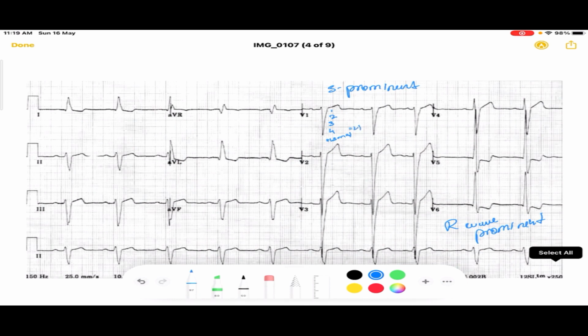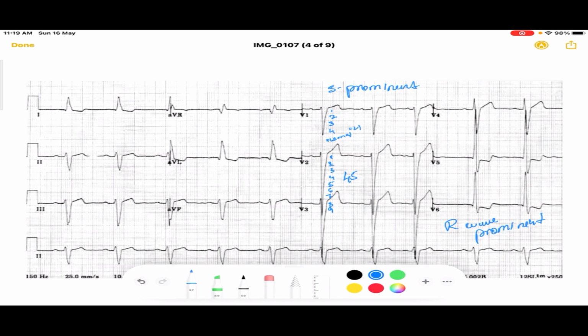Let's see V2. 1, 2, 3, 4, 5, 6, 7, 8, 9 big squares. So 9 into 5 is 45. So the S wave is more than 25 small squares in V2. So it is right ventricular hypertrophy.